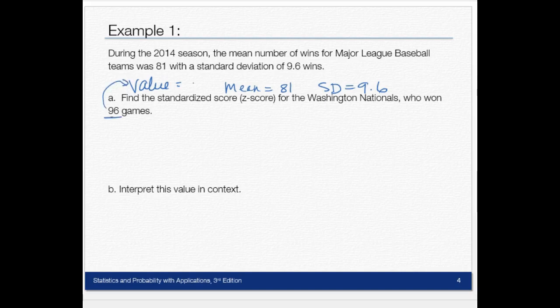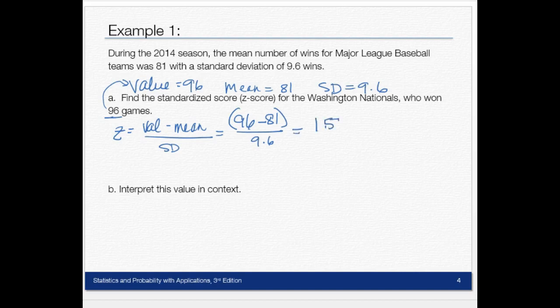That's the value, okay? So to do my formula, remember I do value minus the mean divided by the standard deviation. So my value is 96, subtract the mean, divided by 9.6. Now in your calculators, make sure you do the subtraction part first and then divide by 9.6. Equals 1.56. So obviously 96 is above the mean, so it's positive.